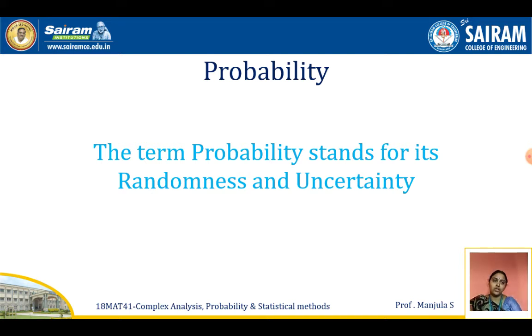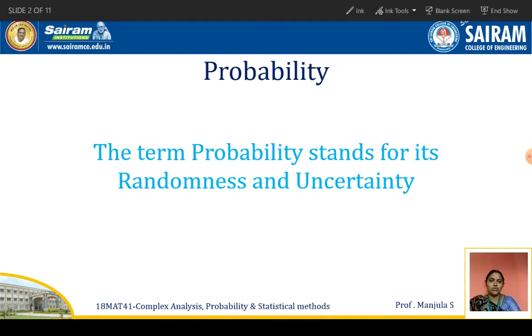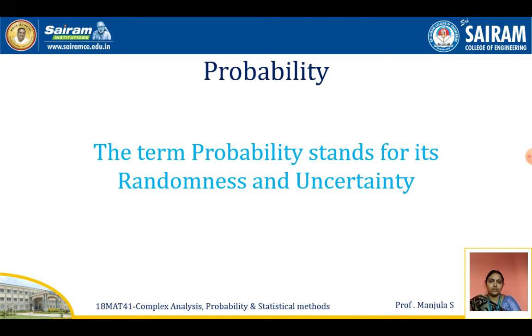We don't know whether our friend will come to our home or not. We can't define the statement with 100% confidence. Just by imagination, by assumption only, we have to get the solution. That is what probability is. So the term probability stands for randomness and also uncertainty.